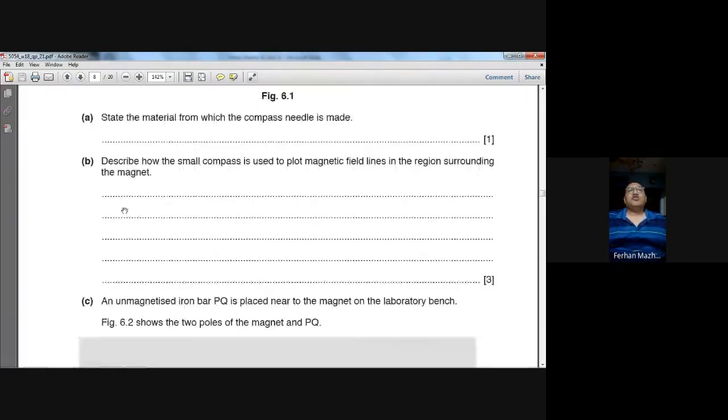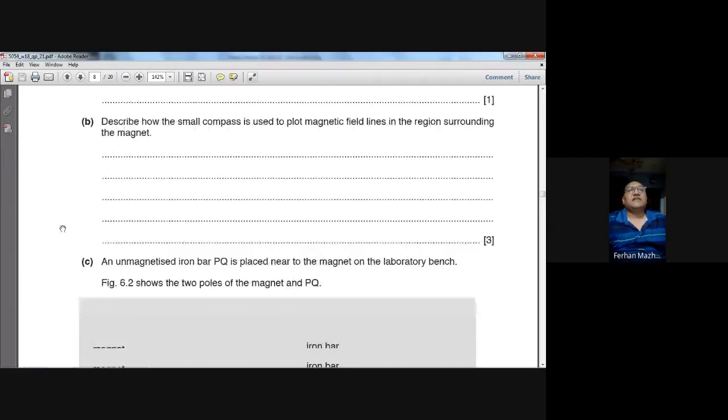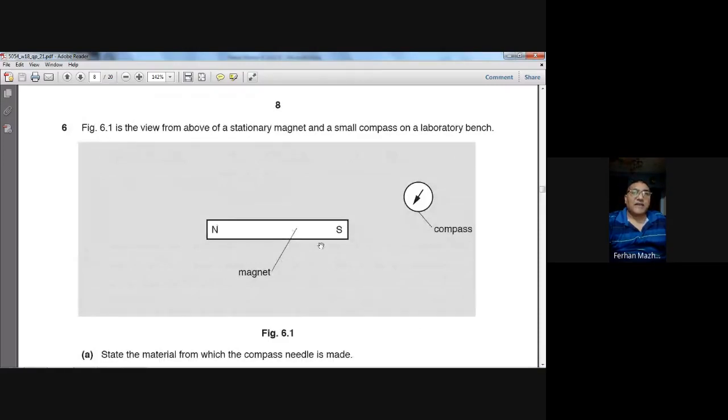B part is describe how the small compass is used to plot magnetic field lines in the region surrounding the magnet. You see, the method is very simple. You put the bar magnet on a paper and you mark its outer boundary. You take a magnetic compass and you put the magnetic compass near this north pole. Wherever the arrow of the magnetic compass points, you put a dot on the paper.